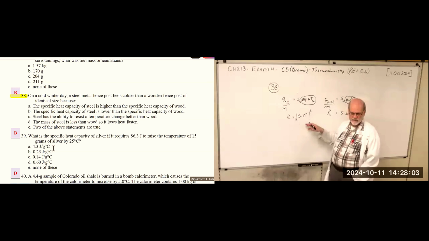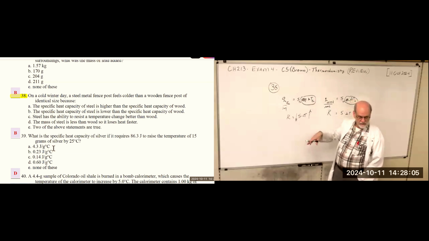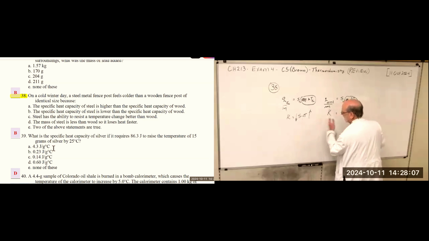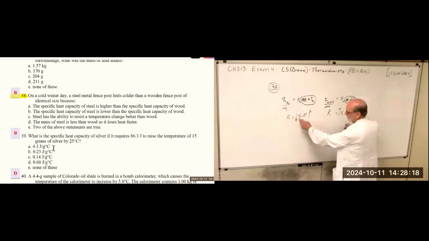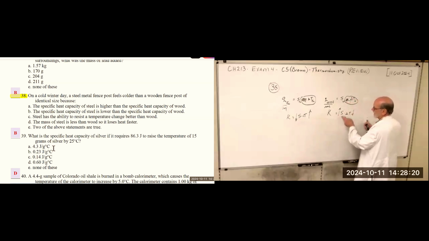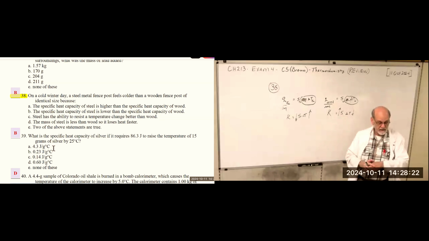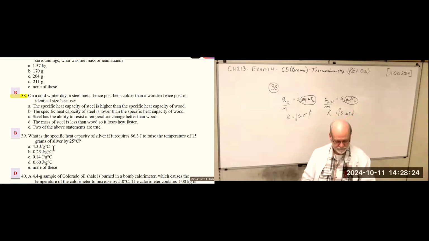Constant equals pressure times volume. One goes up, the other goes down. So if we're going from here to here, and we're saying this one has a higher temperature change than this one does, that means that this one must have a lower specific heat than that one. Specific heat of wood must be higher. And the best answer to that one is B.